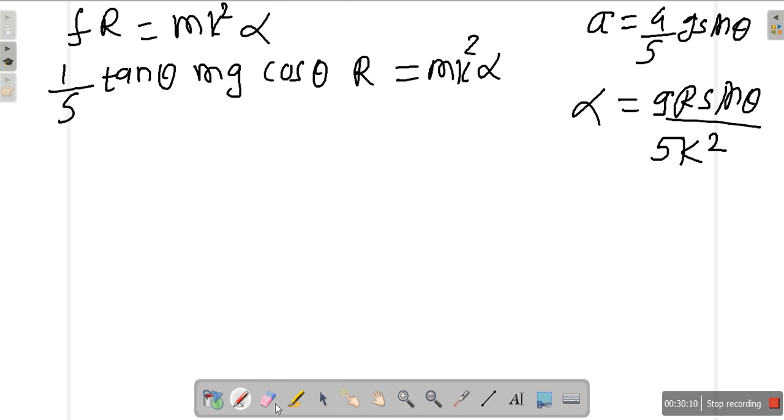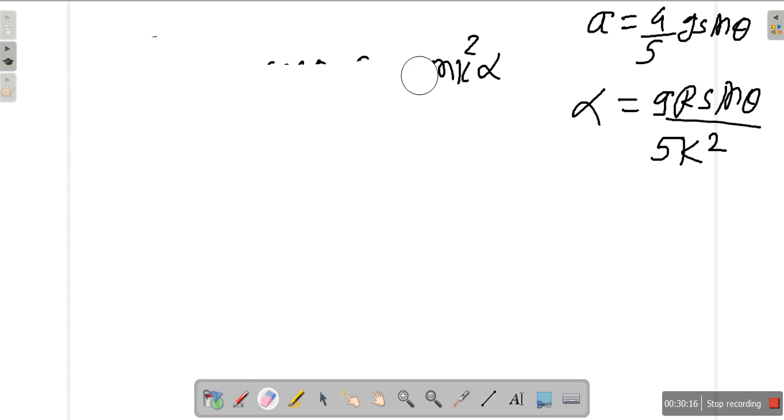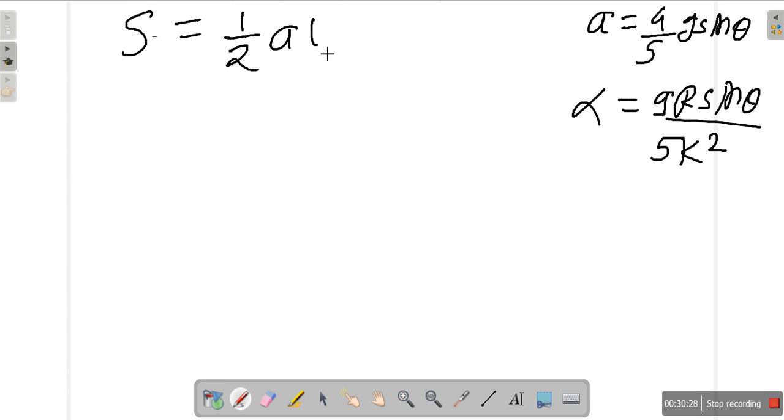Now let us consider, we are going to find out what part is covered. For that you will use S equal to ut plus half at square. So you have S is equal to half at square. You can write S as L because they have given L, and theta is half alpha t square.